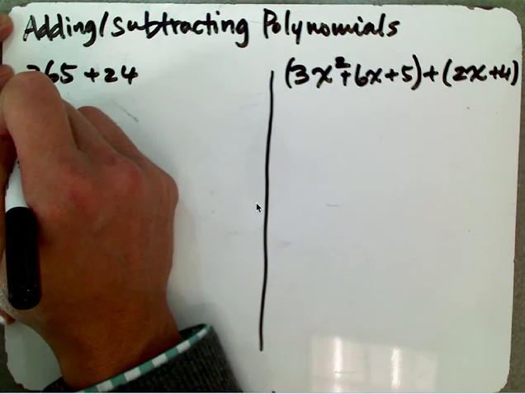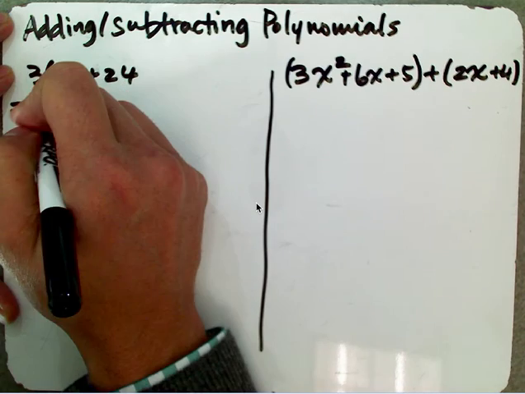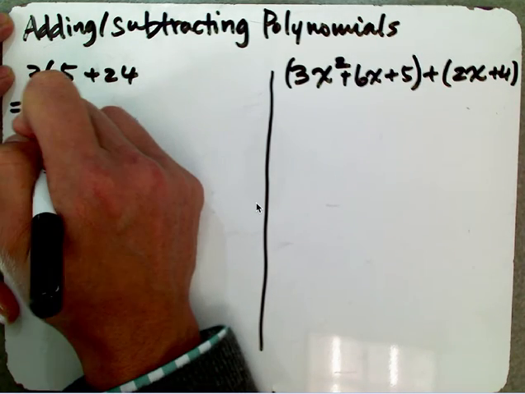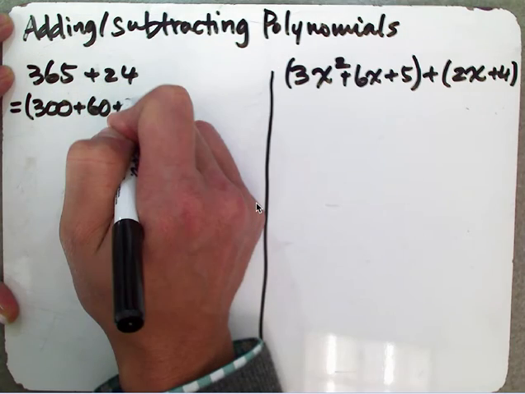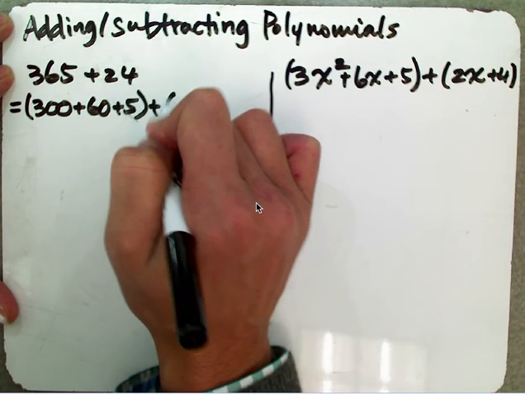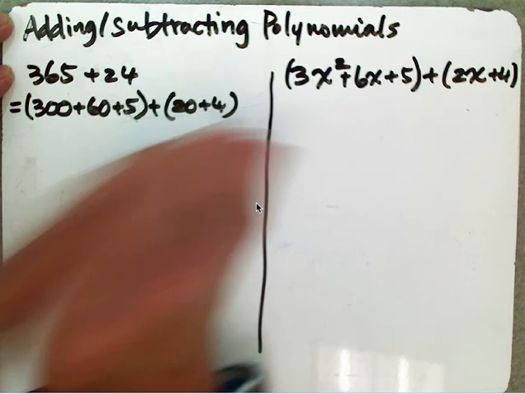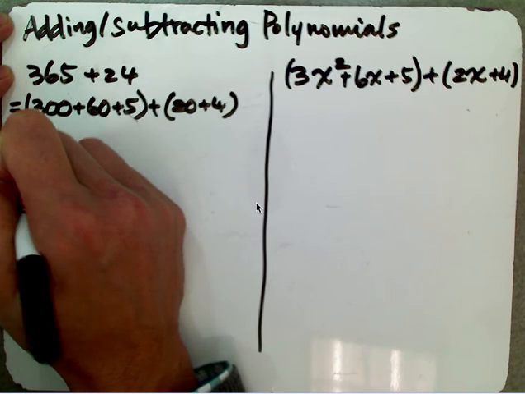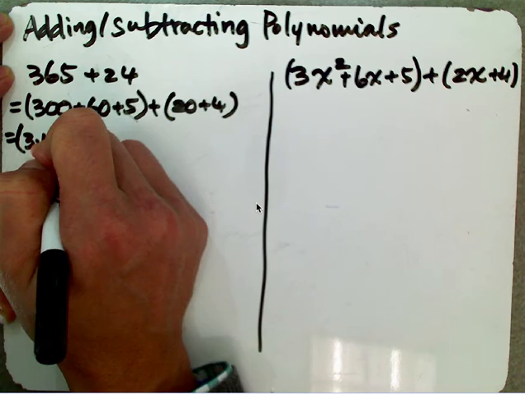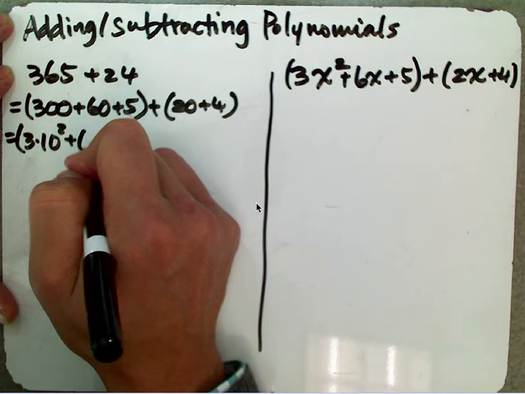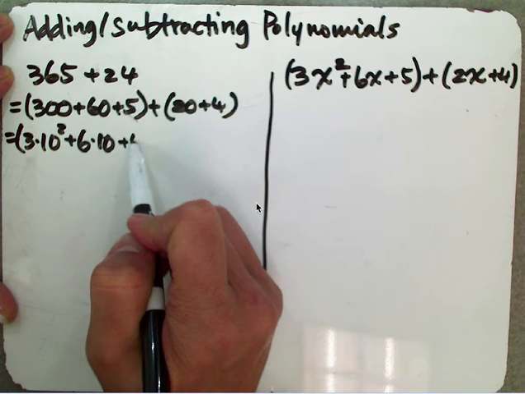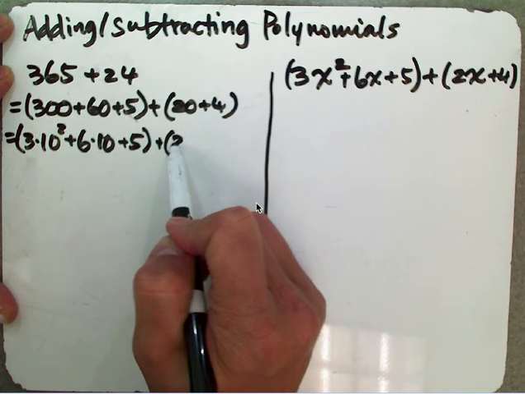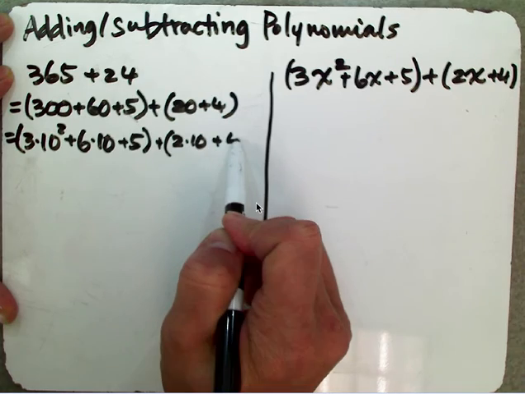that you might know. I'm going to first rewrite this as 300 plus 60 plus 5 plus 20 plus 4, which can be rewritten as 3 times 10 to the second plus 6 times 10 plus 5 plus 2 times 10 plus 4.